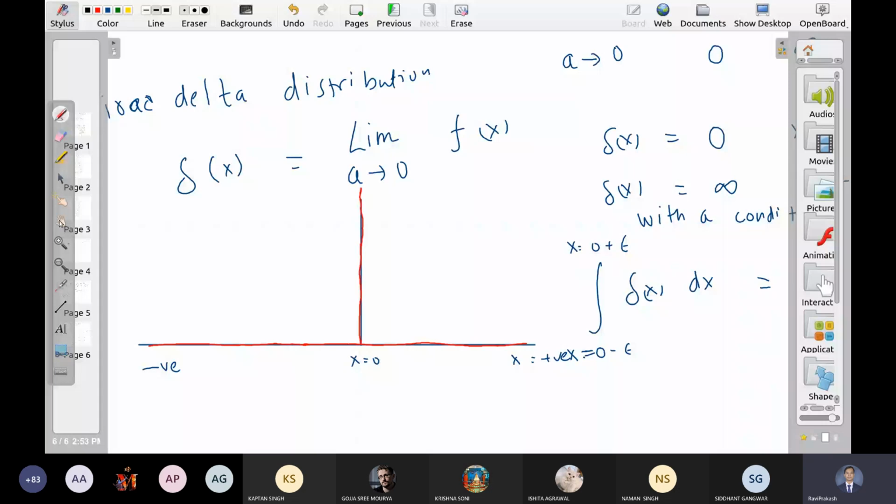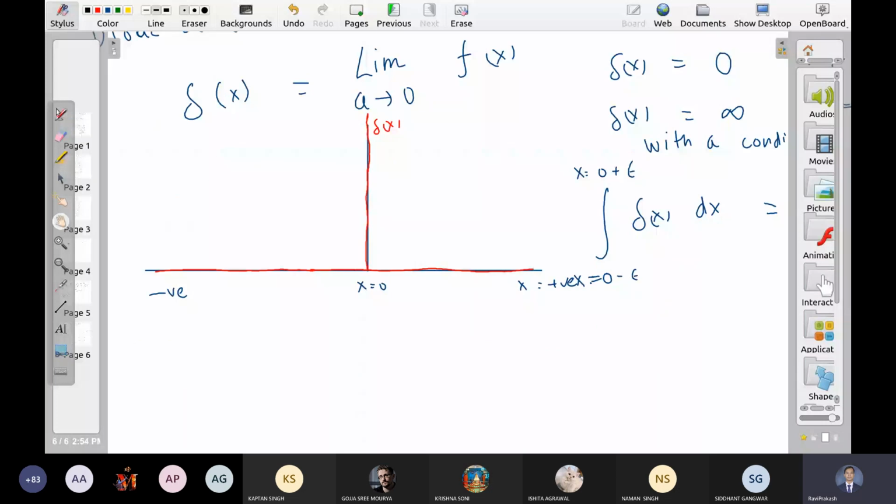What about delta x minus 2? What kind of function is this? Delta x minus 2 is equal to 0 when x minus 2 is not equal to 0. Or it is equal to infinite when x minus 2 is equal to 0 with a condition.